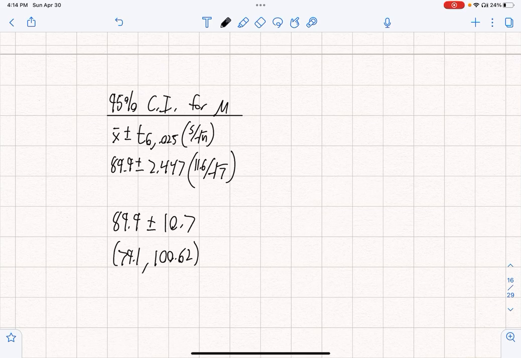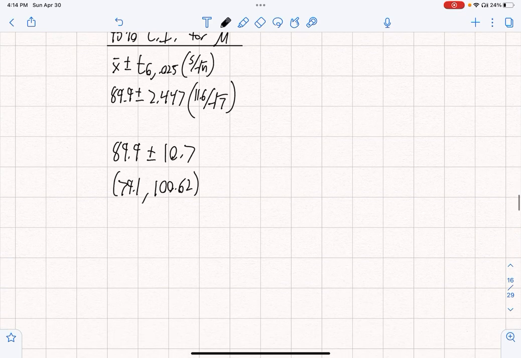Okay, so we're 95% confident that the true mean is between 79.1 and 100.62. So let's just note something, which is that mu naught of 95 in this problem is in the interval.